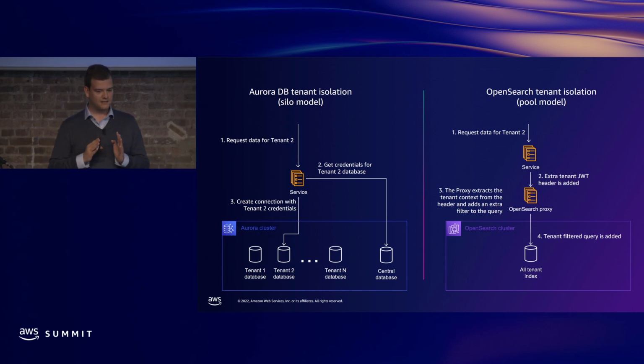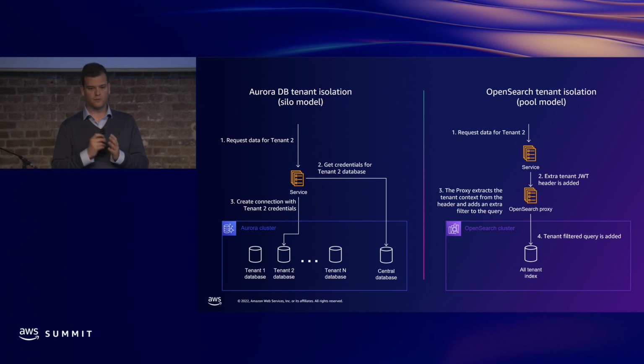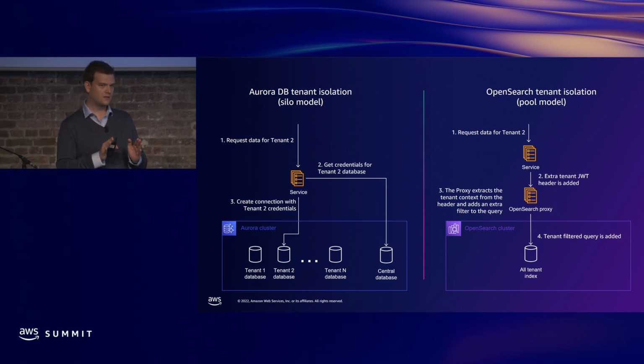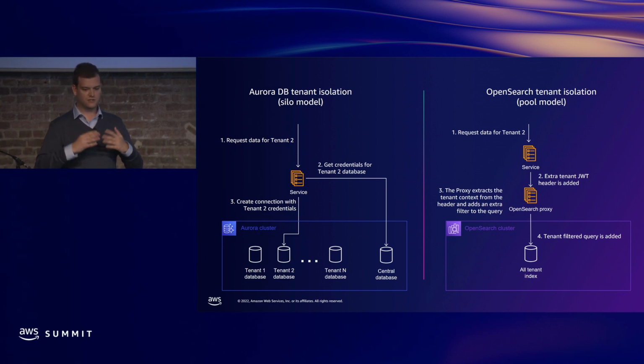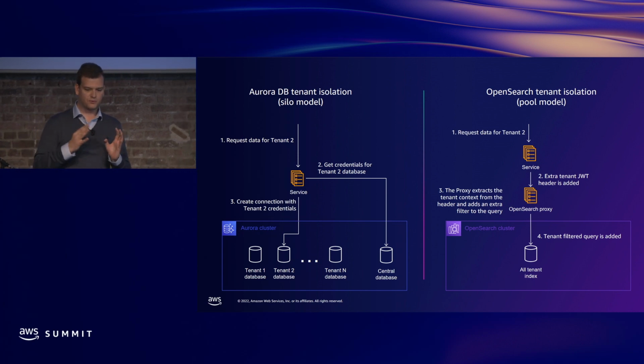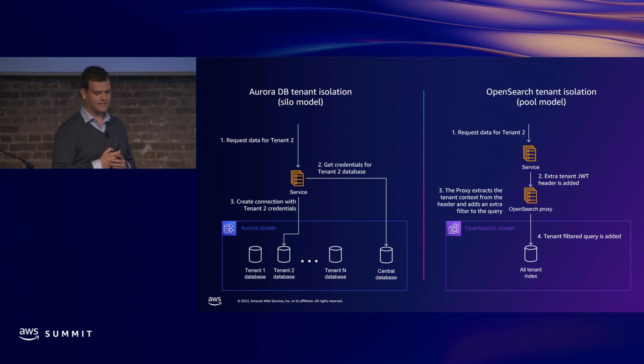On the right-hand side, we have the example of a pool model. So here we are focusing on our OpenSearch cluster. OpenSearch is a typical service that doesn't work very well with a silo model because it would just require too much memory to be cost-effective, especially in Showpad's case. So at Showpad, data of multiple tenants is pooled together in a single OpenSearch index.